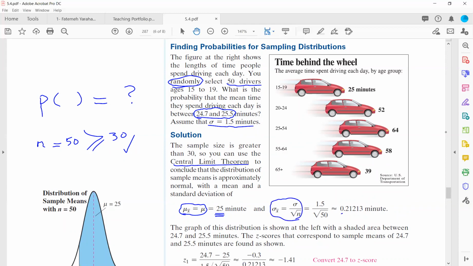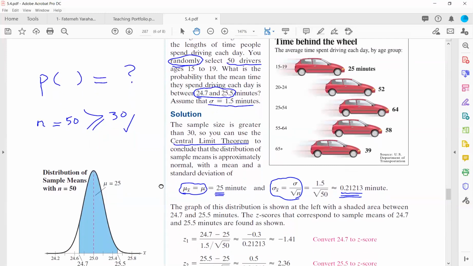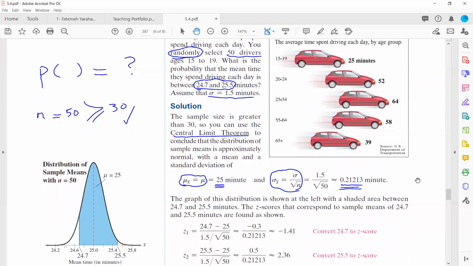So for this sampling distribution of the means, you have your mean and you have your standard deviation. This is not your population. This is a sampling distribution of the means. Perfect. We have two x values, 24.7 and 25.5.